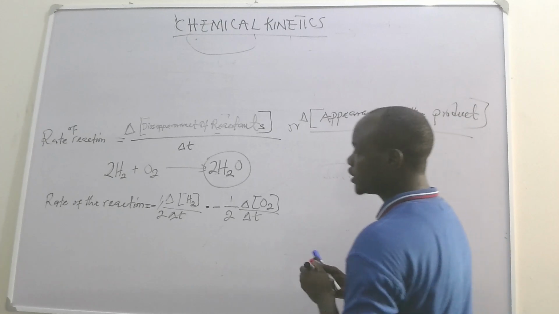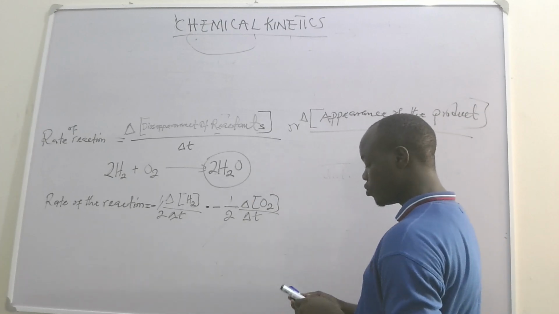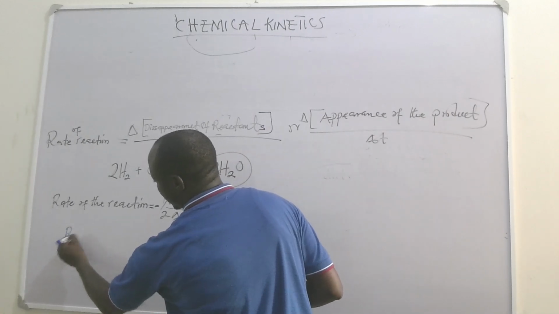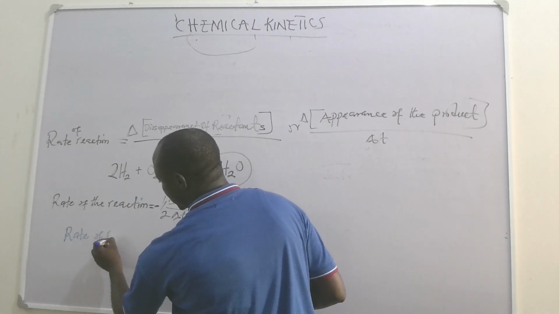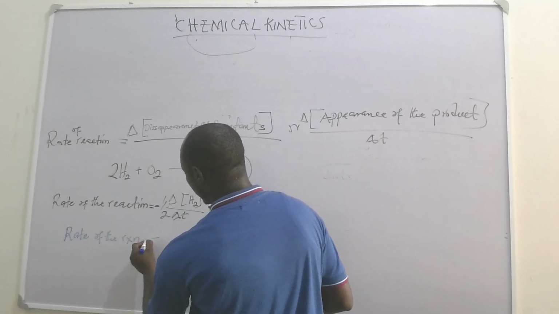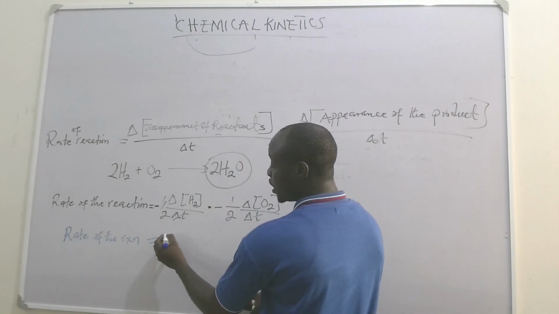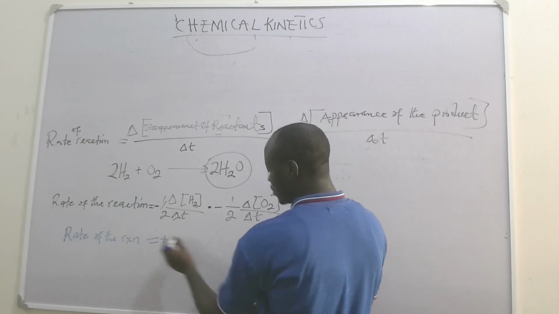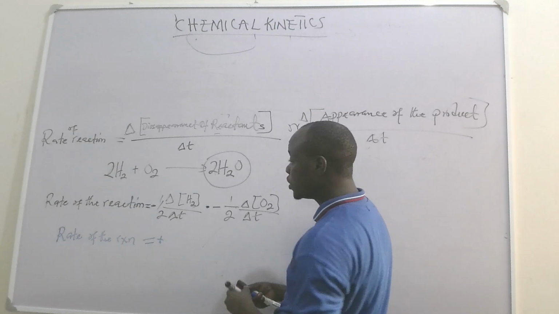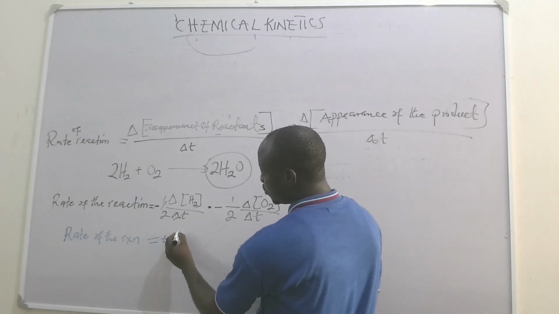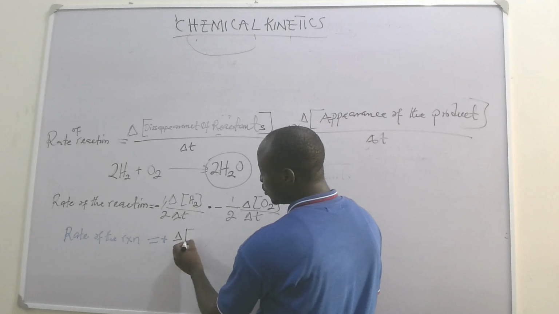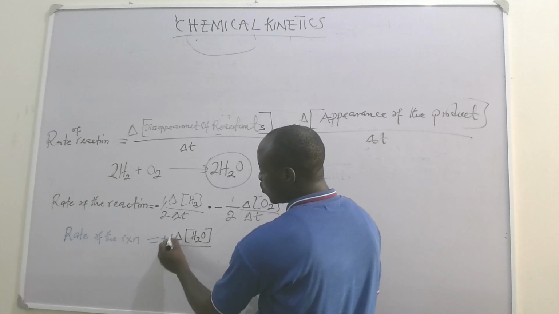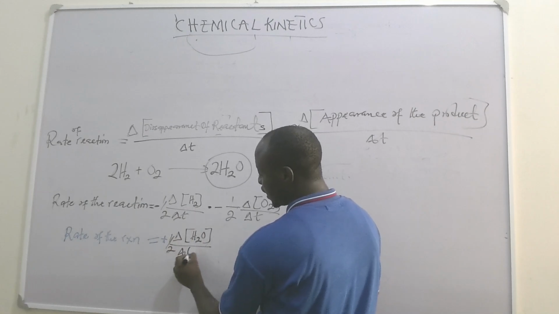So to measure the rate using the products, we say the rate of reaction is equal to, because it's a product, so we are talking about appearance, so it's positive, the change in concentration of water divided by 2, then delta T.